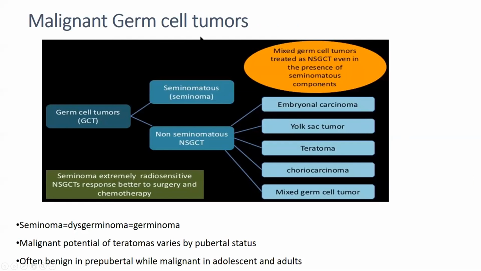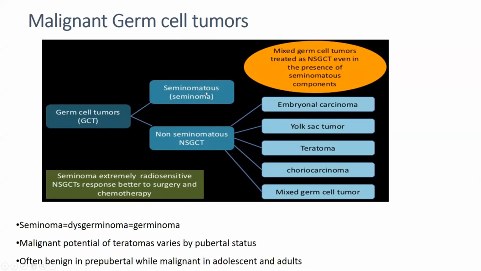Now coming to the classification of malignant germ cell tumor. Germ cell tumors arise from primordial germ cells, and they are broadly divided into seminomatous and non-seminomatous. Seminomatous is the counterpart of dysgerminoma in the ovary and germinoma in the intracranial site.